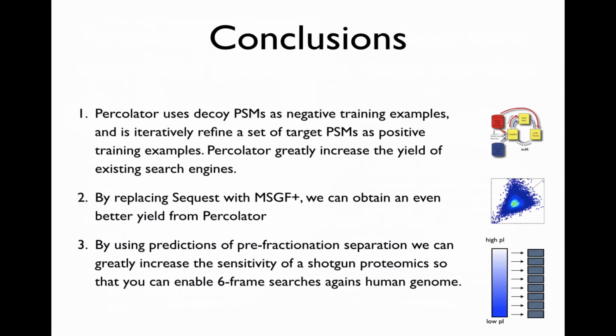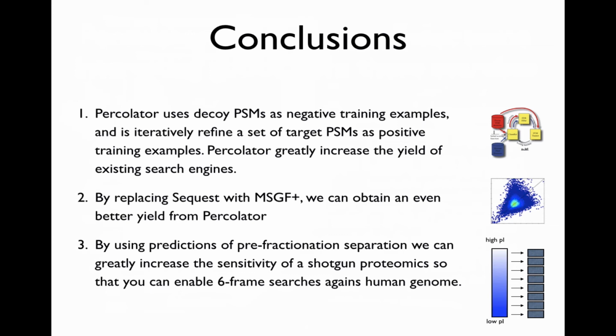Anyway, the conclusions here. The Percolator algorithm uses the decoys as negative training samples, and it iteratively defines a set of target PSMs as positive training samples. It greatly increases the yield of existing search engines.